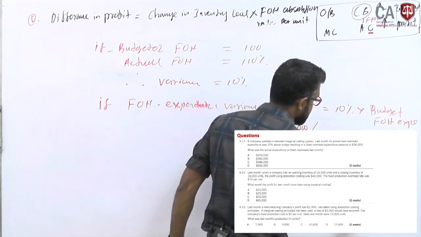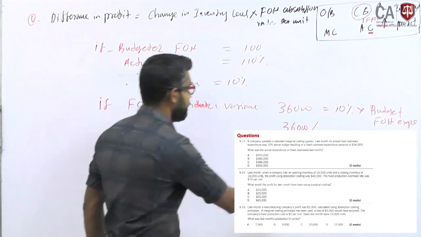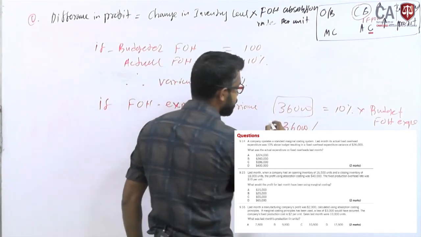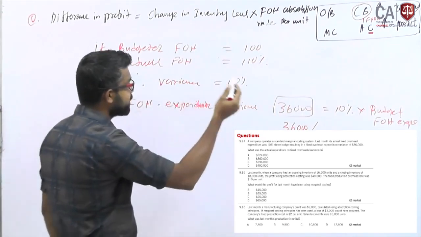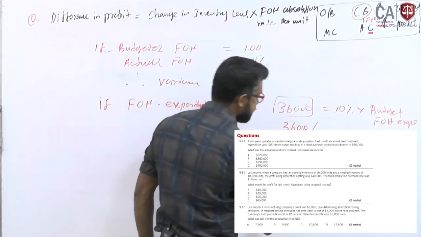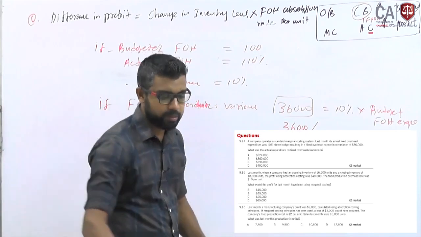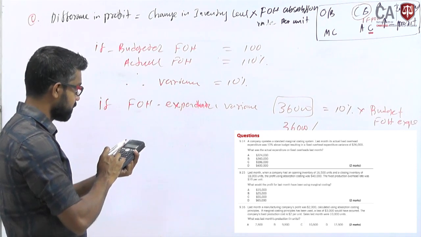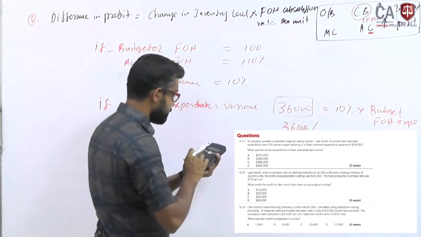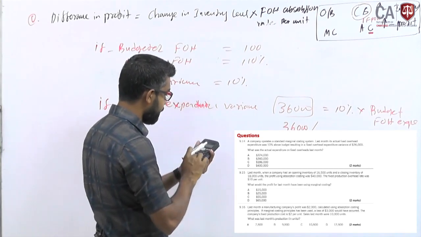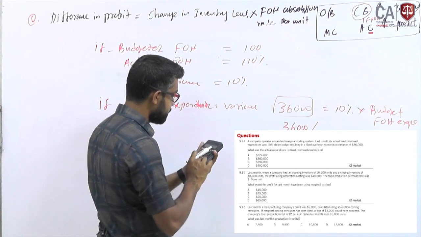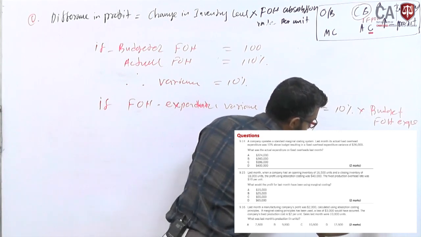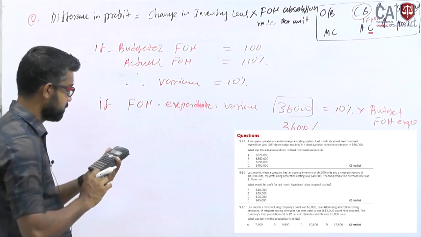Actual should be 360,000 if the variance is 36,000, which is 10% of budget. So budget is 360,000 minus 36,000, which is 324,000.